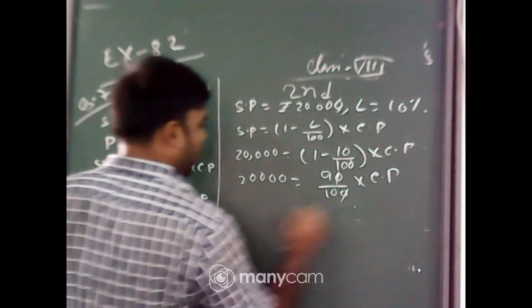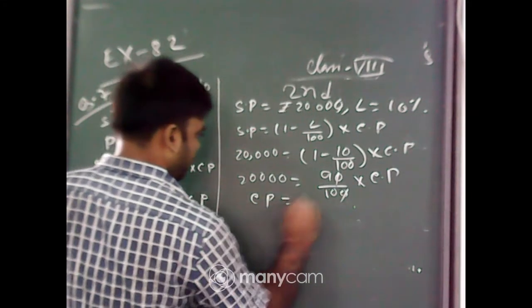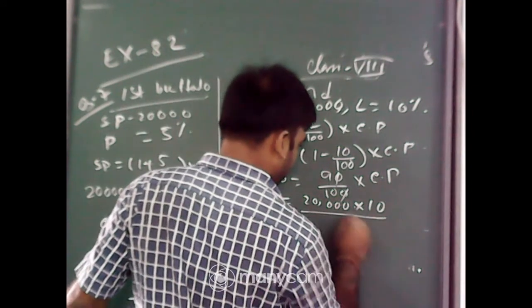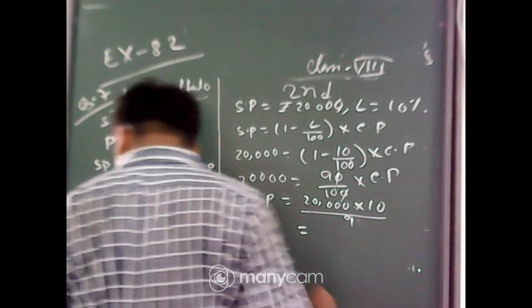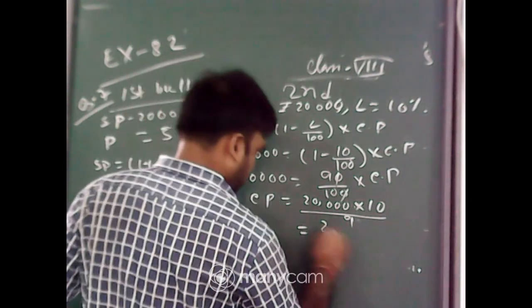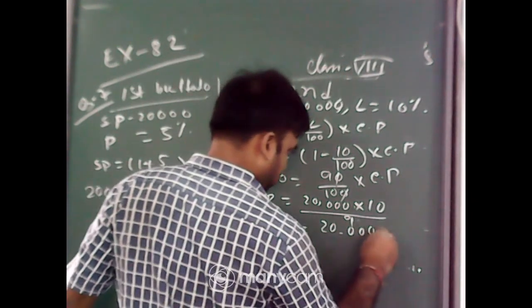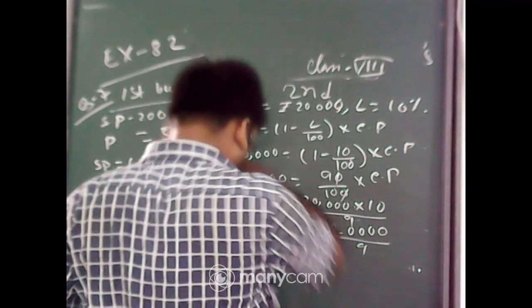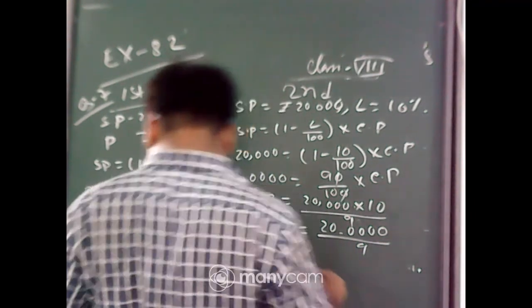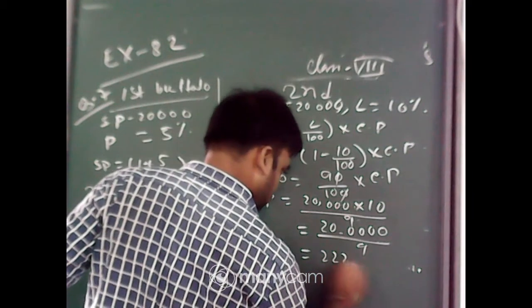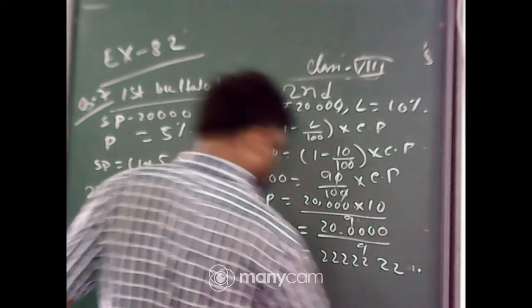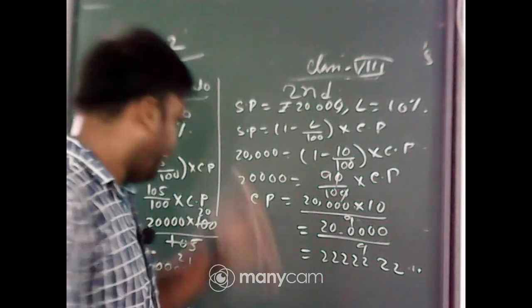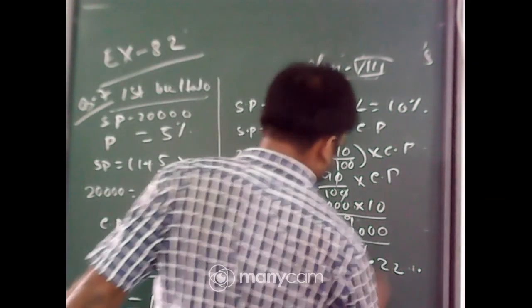So CP equals 20,000 into 10 by 9. So the answer will be 22,222.22.